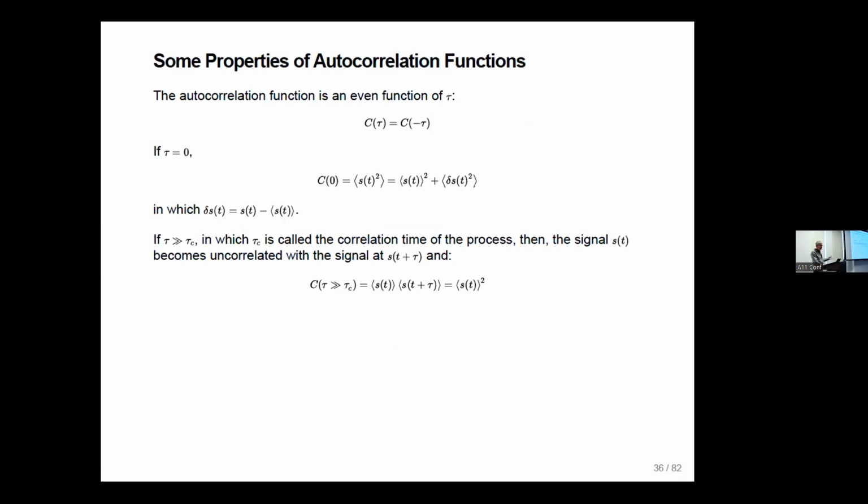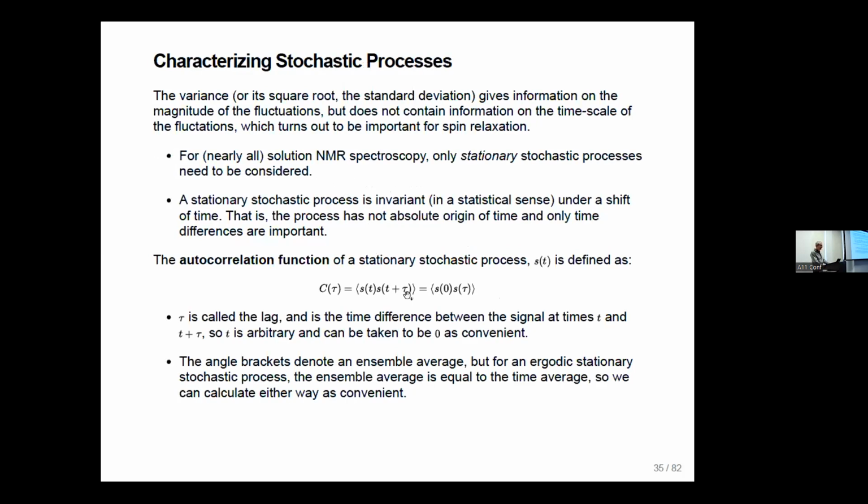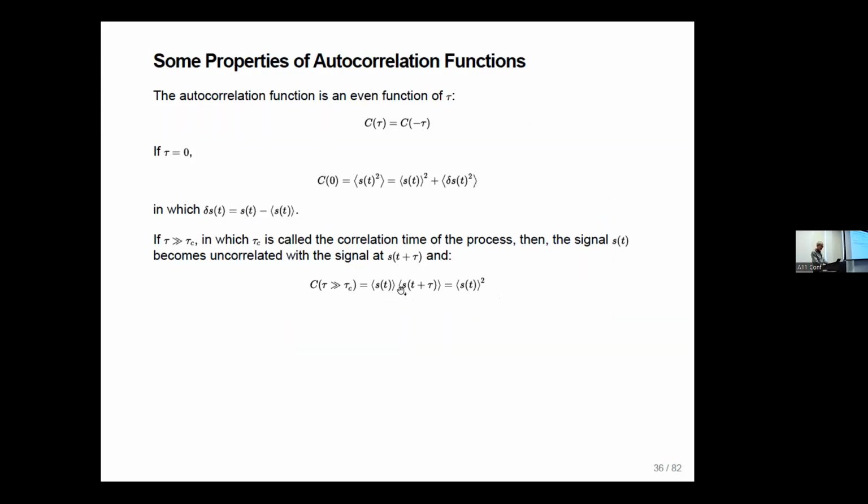So the autocorrelation function turns out to be an even function of time. So C of tau is the same as C of minus tau. And if we write things out at time 0, we just have the square of the signal averaged, and the square of the signal averaged is the square of the mean plus the variance, which you can work out just by writing out the square and averaging term by term.